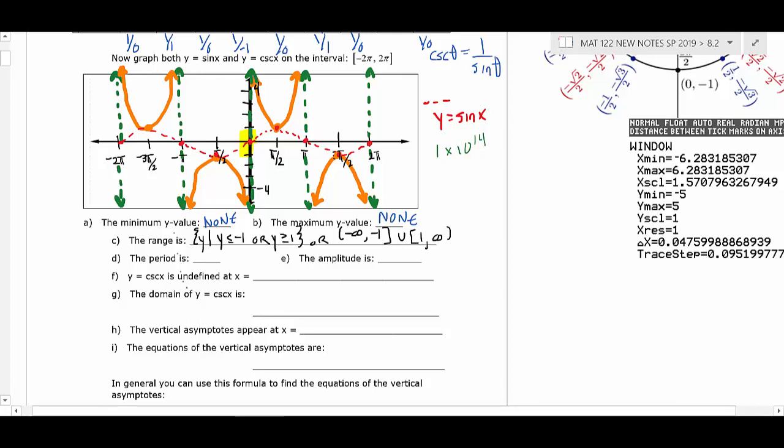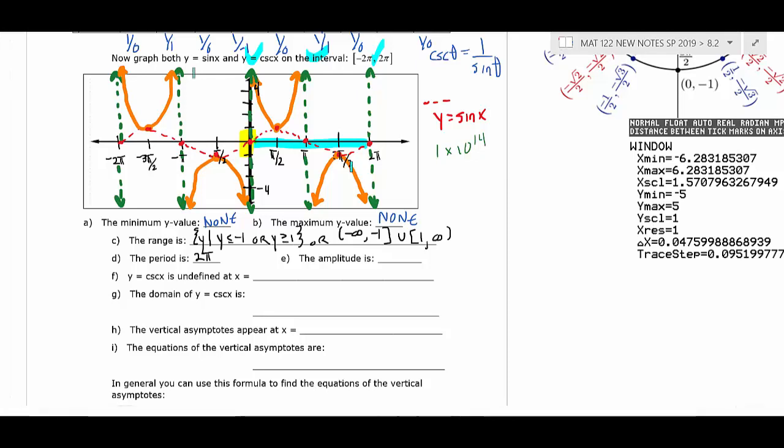Okay, the period is 2 pi, and it's going to go like this. The period is just going to end up being from there to there. You kind of define a cosecant by 3 asymptotes, 1, 2, 3, and then the shape that goes up and the shape that goes down. They look like parabolas. They're not parabolas, but they have that kind of look to it.